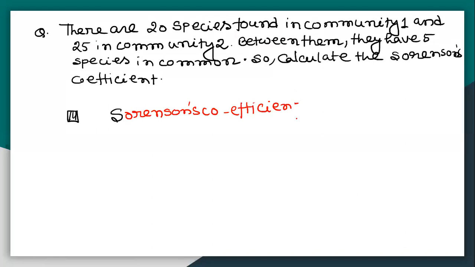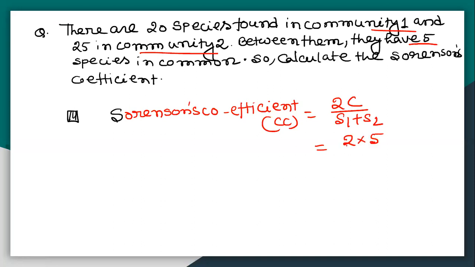The Sorensen coefficient, or CC, equals 2C by S1 plus S2. C is the total number of species common to community 1 and community 2, which here is 5. So 2 into 5 by S1 plus S2.